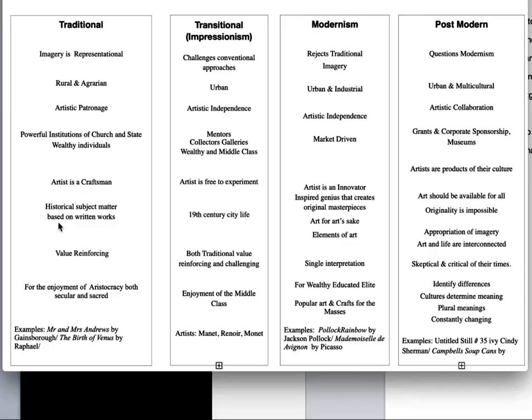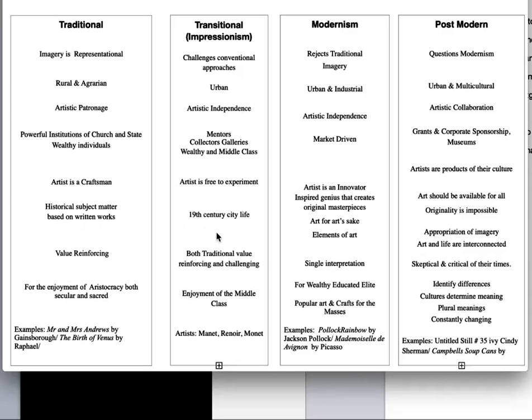Subject matter, we know, is chosen and based in traditional artwork on historical events, on art, on written works that have religious or political meaning to the culture, based on either biblical or mythological stories and writings.